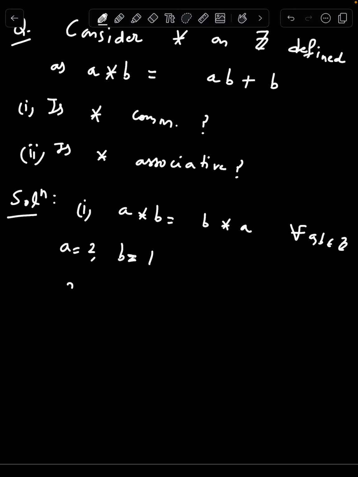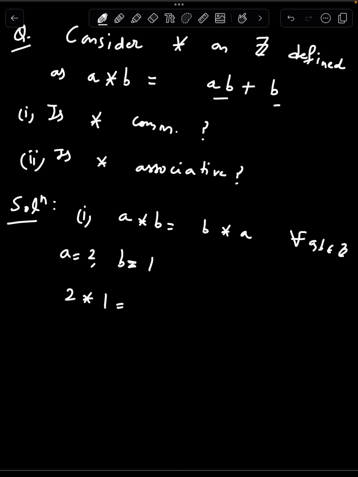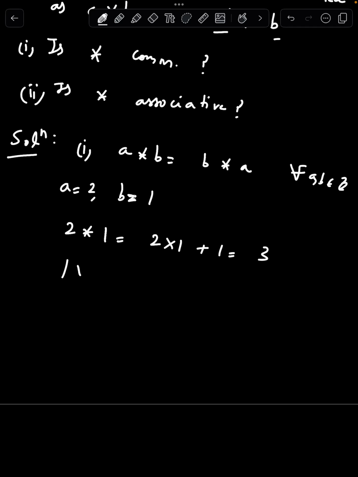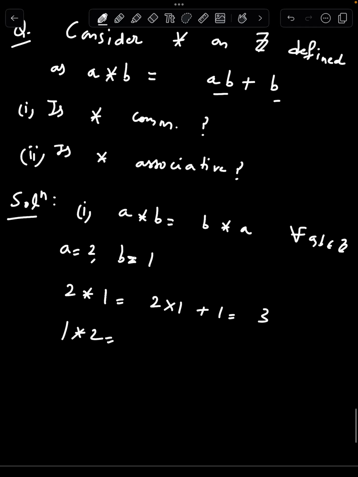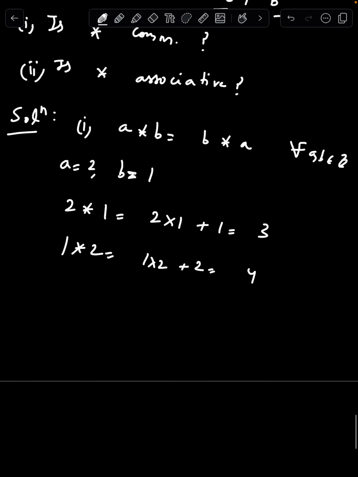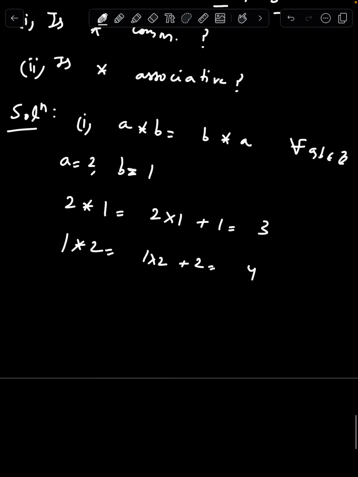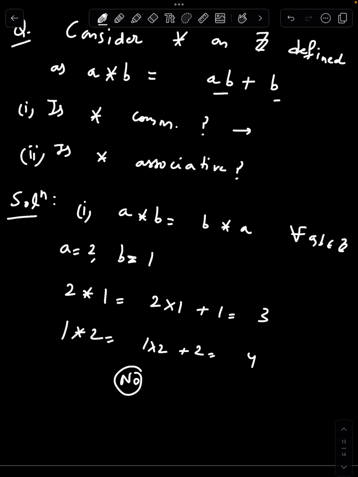Let's see what happens. 2 star 1 should be equal to AB plus B, that is 2 into 1 plus 1, and this gives us 3. And what is 1 star 2? 1 star 2 is 1 into 2 plus 2, and this gives us 4. So they are not equal, right? And therefore, answer is no.